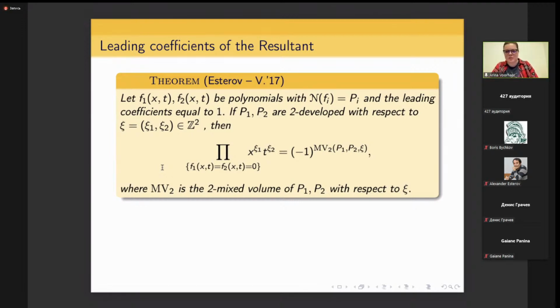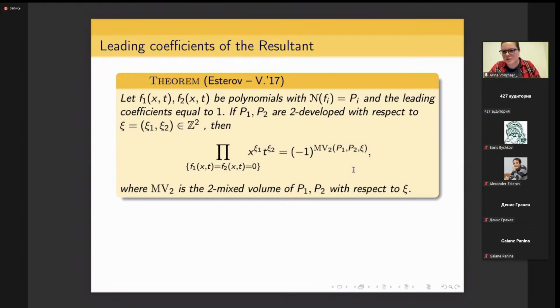Moreover, together with the question of what is 2-developed, there should be a question, what is MV2? Again, that's not something I will tell in detail. I just want to say that it's some analog of the mixed volume of polytopes, which takes values in the field of two elements. It depends on a tuple of polytopes and a vector.